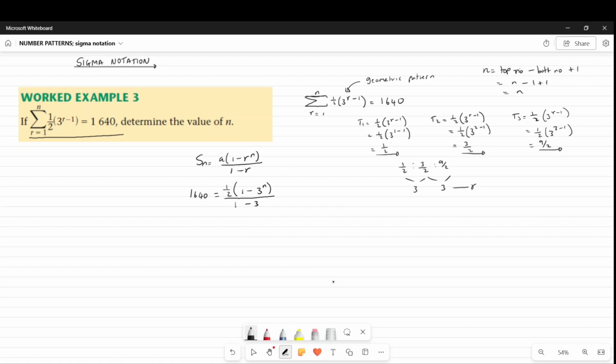So now let's work with this. 1640 is equal to half, open bracket, 1 minus 3 to the power of n, all over negative 2. I'll advise you not to multiply this inside. So close bracket, cross multiply. You'll have this times that, so it will be half, open bracket, 1 minus 3 to the power of n, close bracket, is equal to negative 2 times 1640.